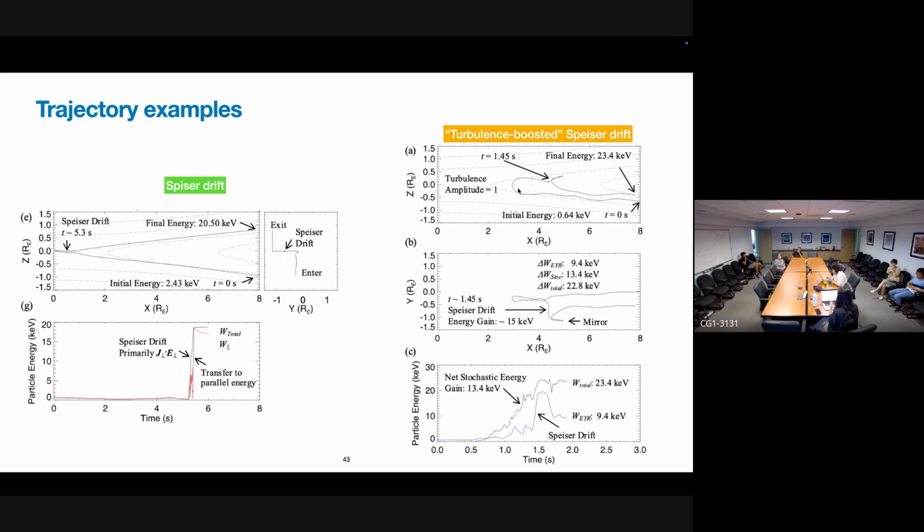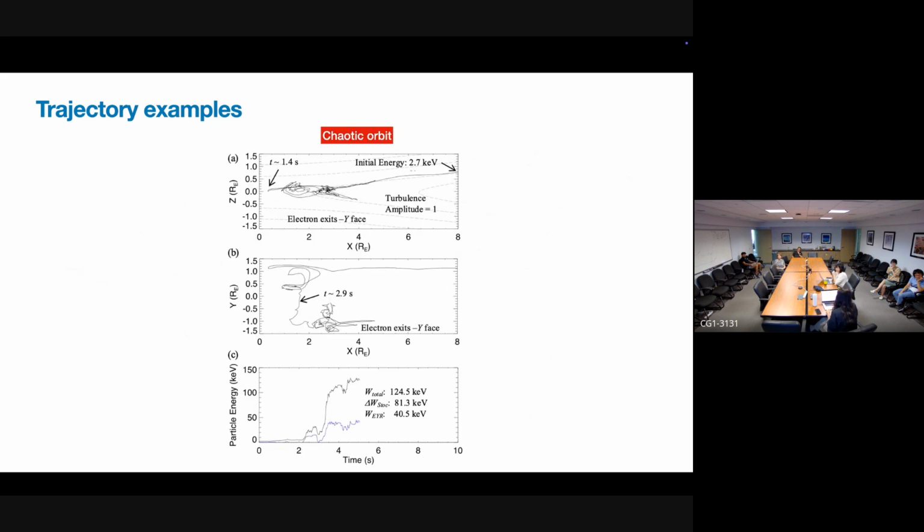But with turbulence, you can imagine it expands the demagnetization layer. So in a larger area, particles can go under an orbit similar to the Speiser orbit, and gain energy through the out-of-plane electric field and also the stochastic acceleration by the turbulent fields, like shown here. Also, we can easily get 20 keV energy.